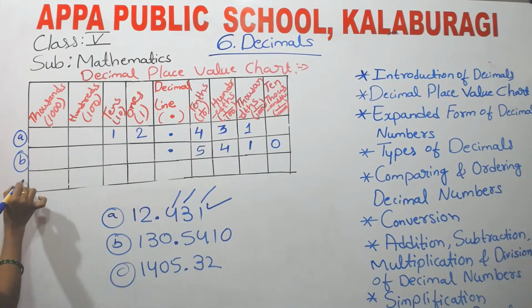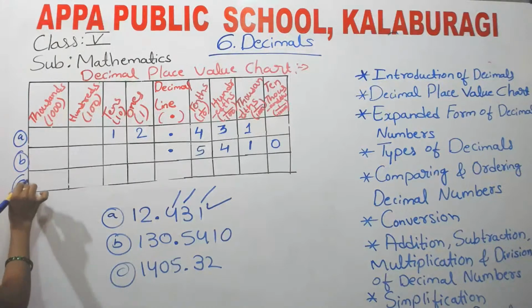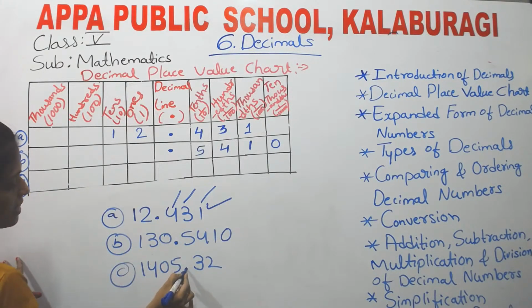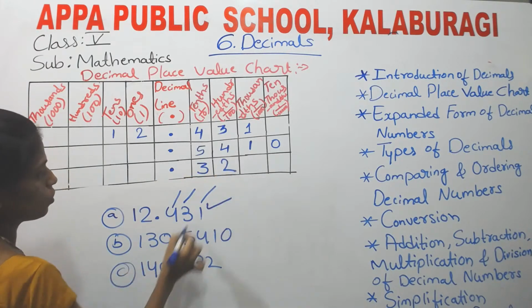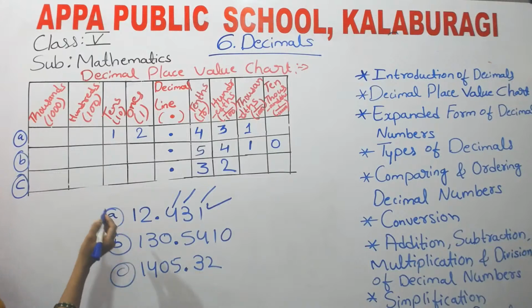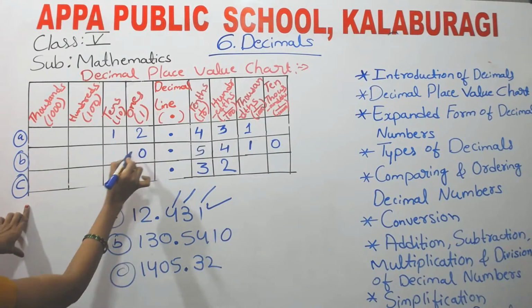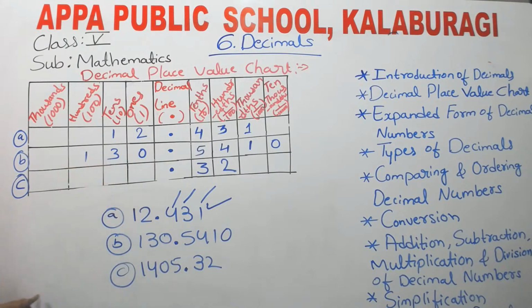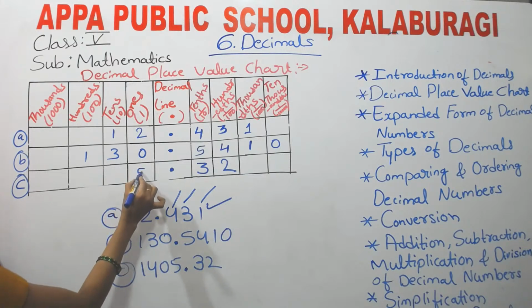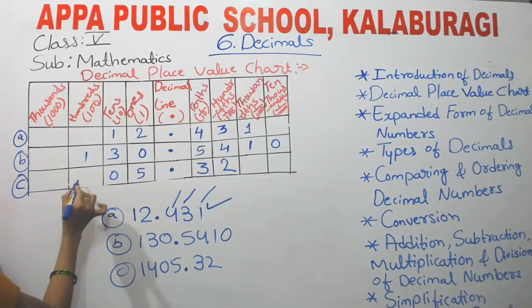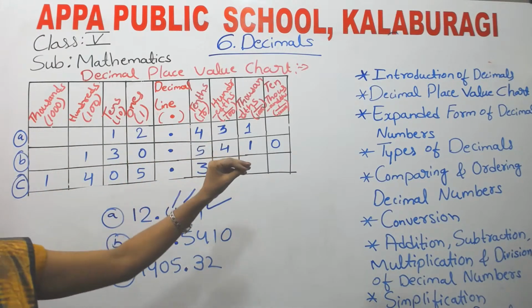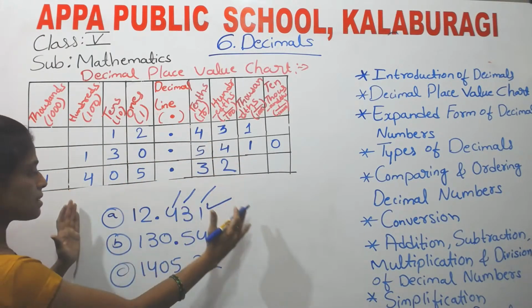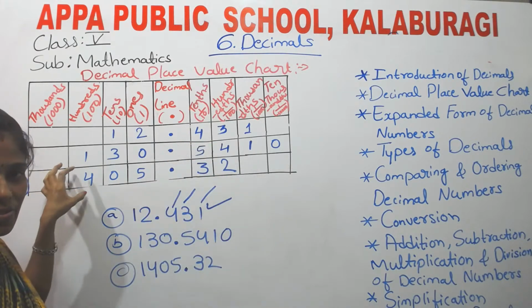Next, C1, writing the place value chart. Now after the decimal point, 2 digits are there: 3 and 2. Next, the left side number: 0, 3, 1, after this 5, 0, 4, 1. Now write these numbers on the decimal place value chart.